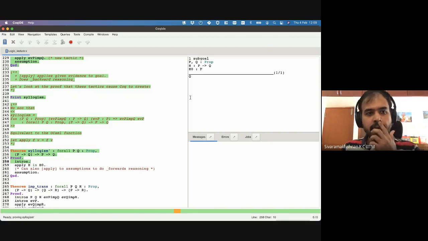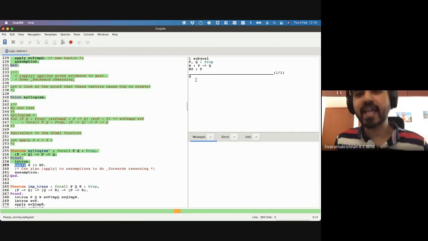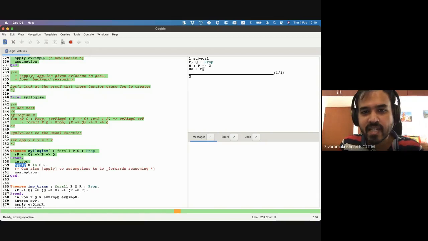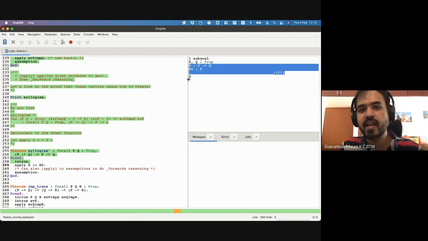Earlier we used the apply tactic to do backwards reasoning by applying it on a goal. But if you stare at these two things, you can imagine there are two ways of reading them.